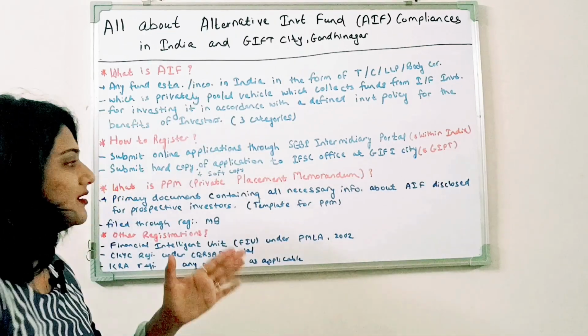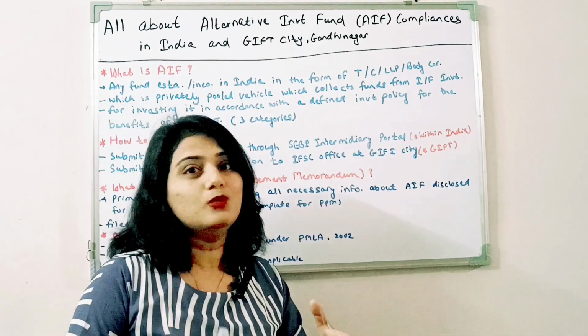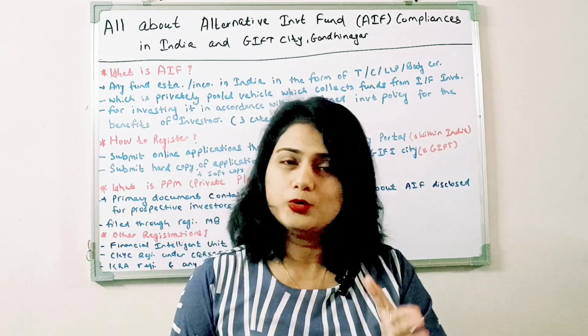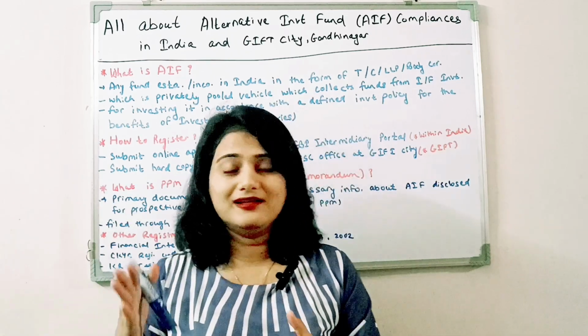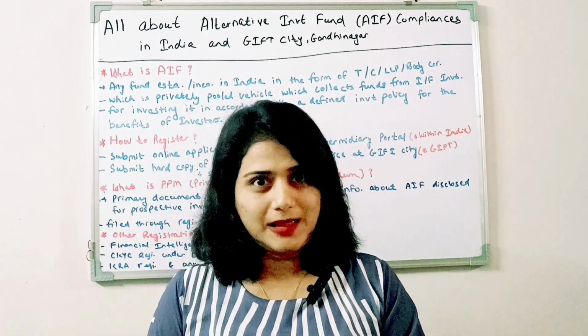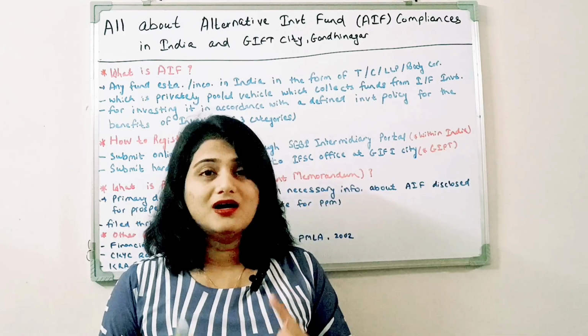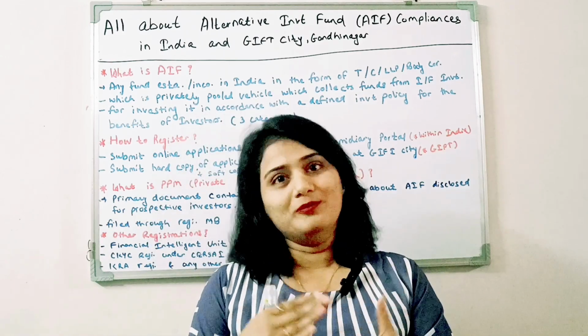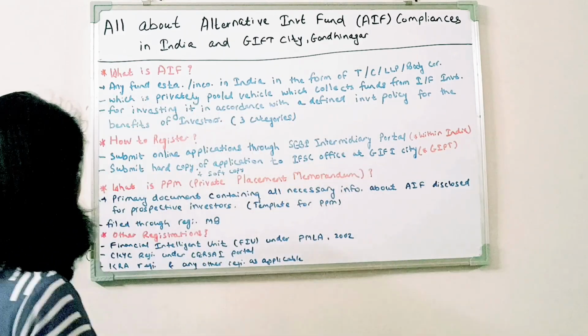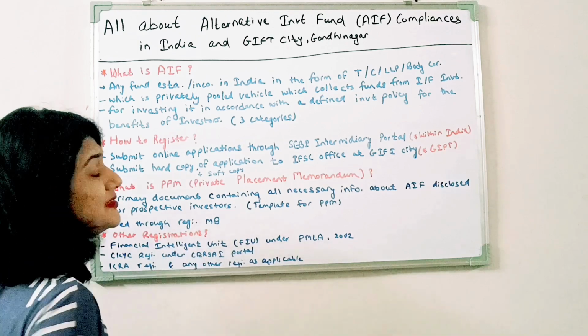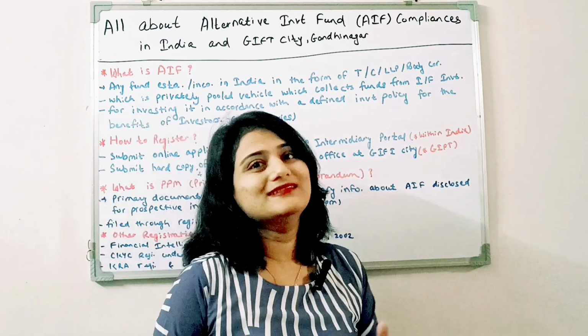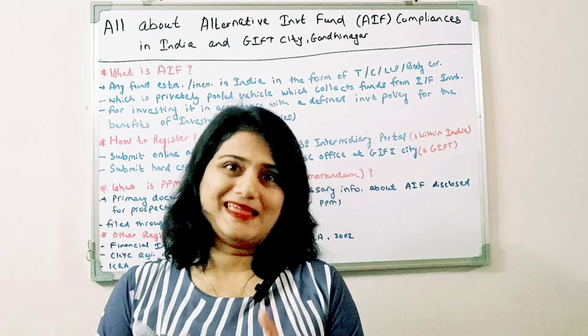You have to follow that. There are a few mandatory parts and a few additional parts. You have to fill the mandatory parts and also fill the additional parts as per applicability. Now you have to file this PPM through a merchant banker. So the merchant banker plays a very important role in the registration of AIF.